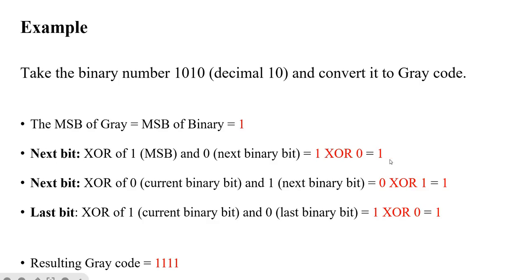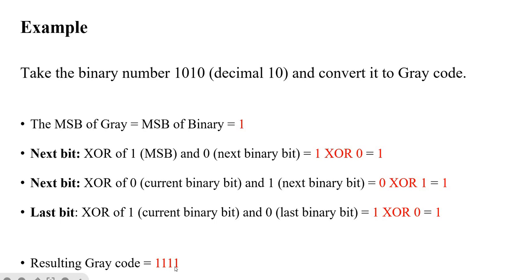So 1 XOR 0 is 1. So here we have placed 1. Now next bit, we have to take the current binary bit now. This is the current binary bit, that is 0. That has to be XORed with the next binary bit, that is 1. So when you XOR these two, 0 XOR 1 is 1.